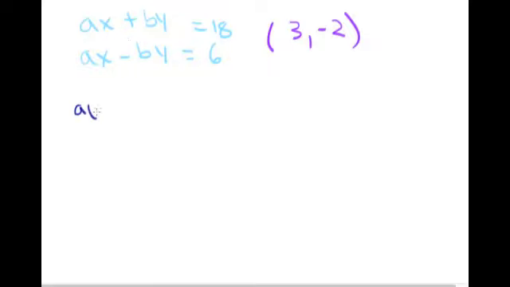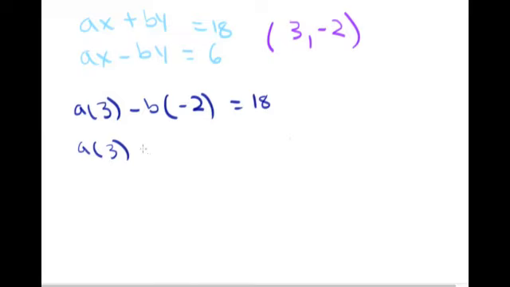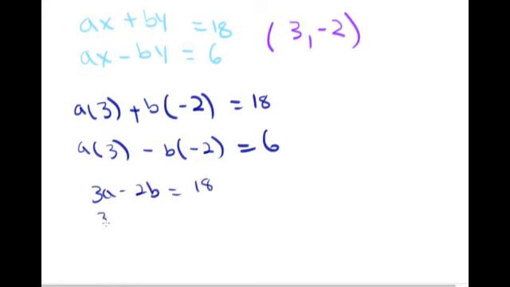We just plug them into the equation for x and y first. So we get a times 3 minus b times negative 2 equals 18. A times 3 minus b times negative 2, oh this is plus, sorry, equals 6. So we get, for this one, 3a minus 2b equals 18, and 3a plus 2b equals 6, because of sign rules.